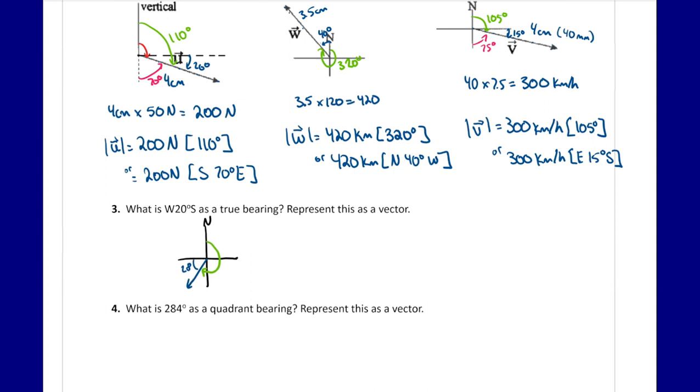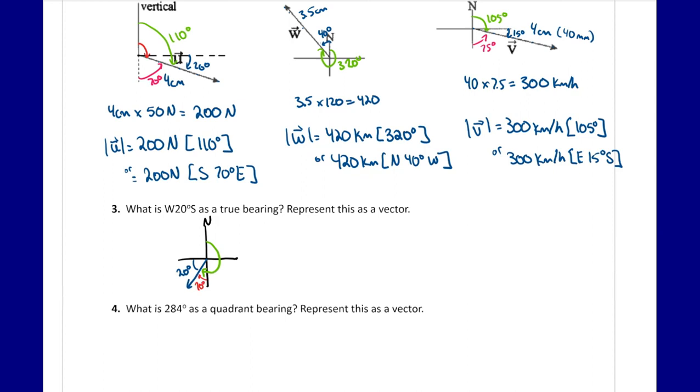So 180 plus this little component here would have to be 70 degrees.